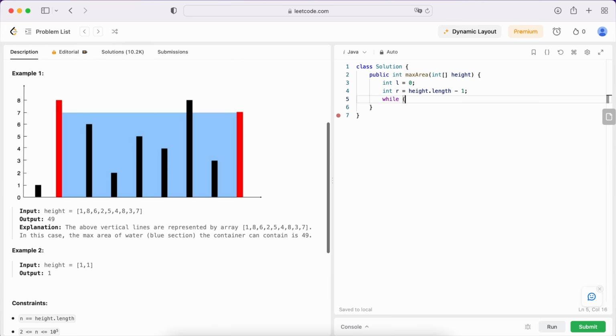While left is less than right, we need to calculate the area. Area will be equal to right minus left multiplied by the minimum of heights left and right.